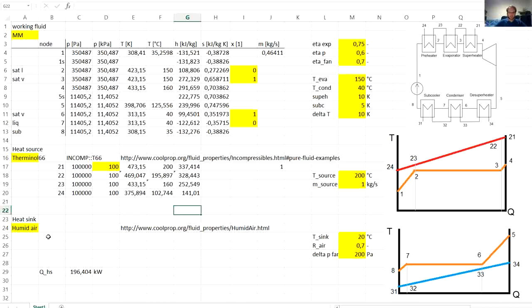Now let's also move further to the heat sink. So we have the points 31, 32, 33 and 34. We can also probably put Q in, like heat input into the cycle. Again, let's say that the pressure of the ambient air would be approximately 100 kilopascals.